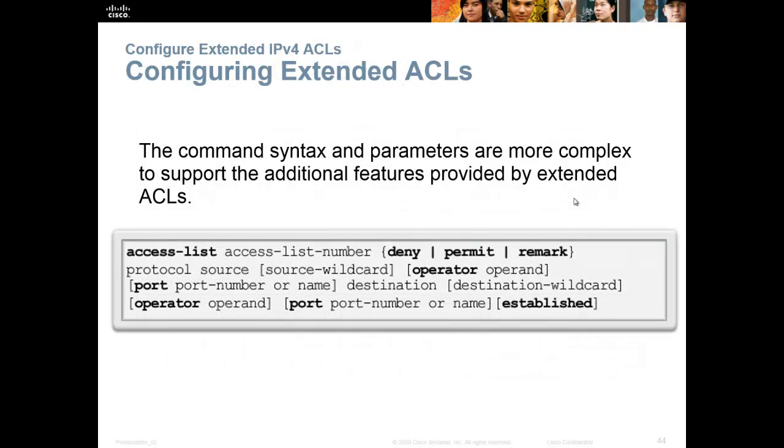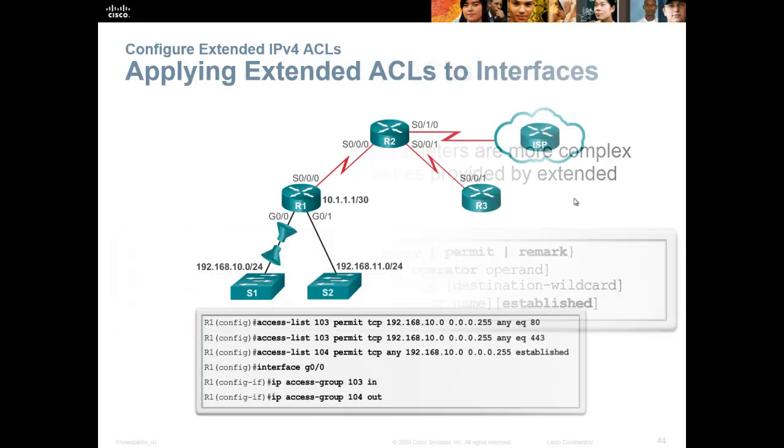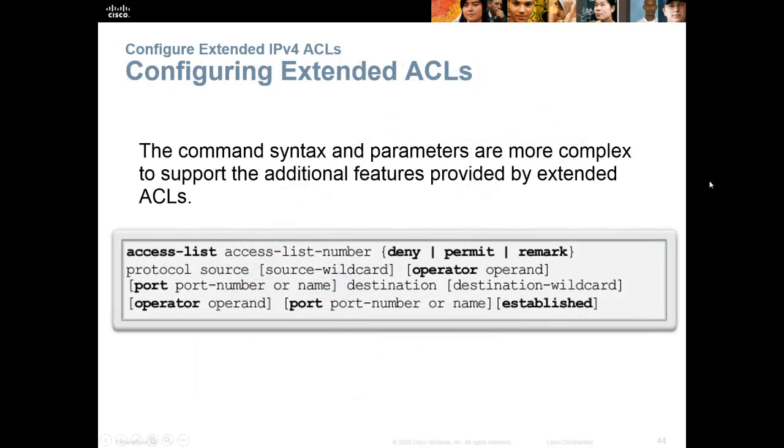All right, so the command is access-list, space, the number 100, space, deny, permit, or remark, space, the protocol, source, typically TCP, space, the port, the destination, that kind of stuff. So let's look at it here. Let me go back to this one quick. This established parameter. Established means, has the traffic been established?